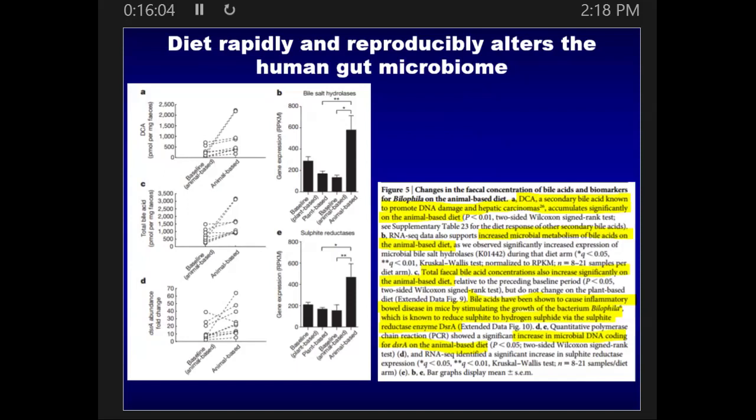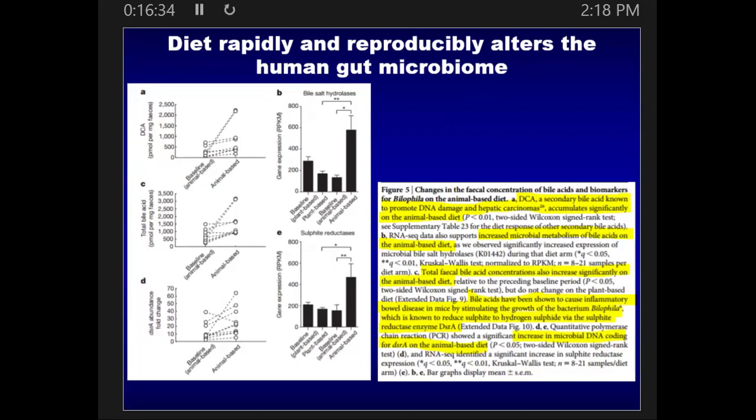And then they track over time DCA, a chemical that is implicated in mutating DNA. So DCA is often considered a negative thing. You don't want to have too much of that, and animal-based diets or bile acid too can be an issue if you have too much of that for too long.